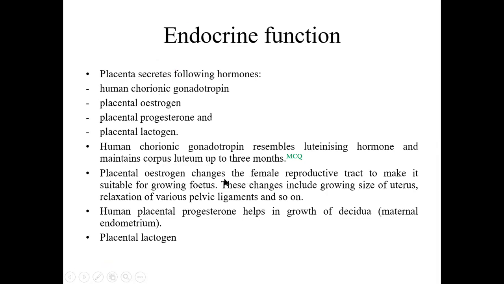The placental estrogen changes the female reproductive tract to make it suitable for the growing fetus. These changes include growing size of uterus, relaxation of various pelvic ligaments, and so on. Placental progesterone, I told you, helps in growth of decidua and maintenance of the pregnancy. Placental lactogen is partially responsible for the development of the mammary gland.